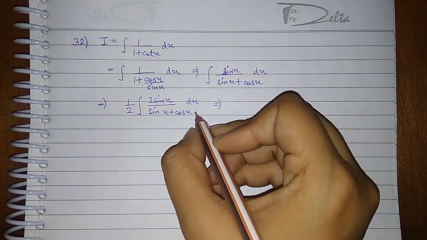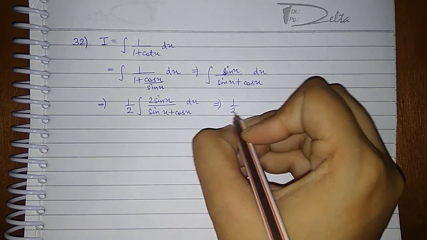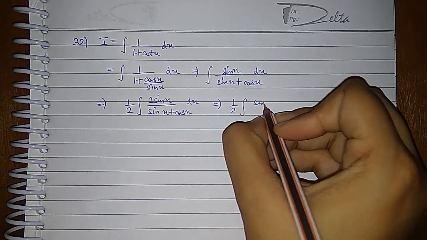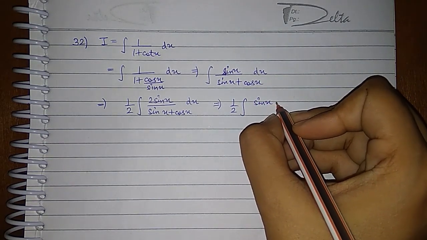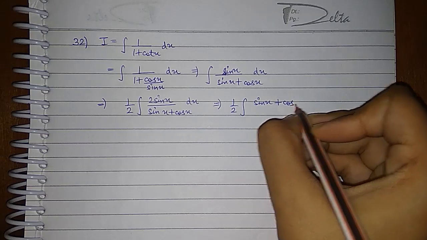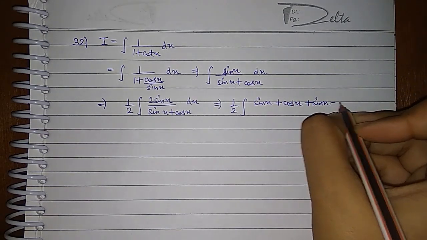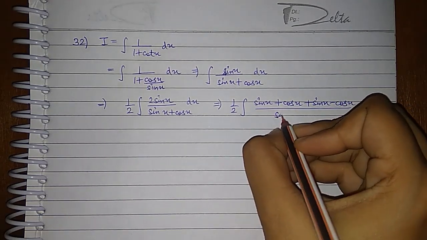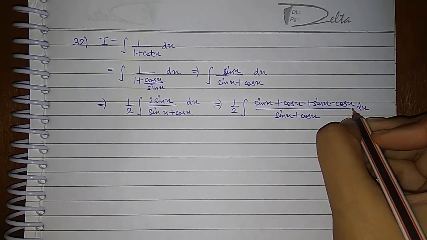Also we will add and subtract cos x in the numerator, which will give us half. 2 sin x can be written as sin x plus sin x. So first we will add cos x and subtract cos x upon sin x plus cos x dx.